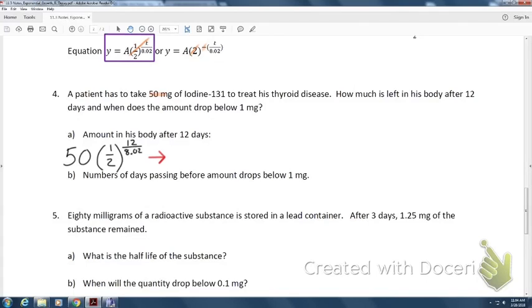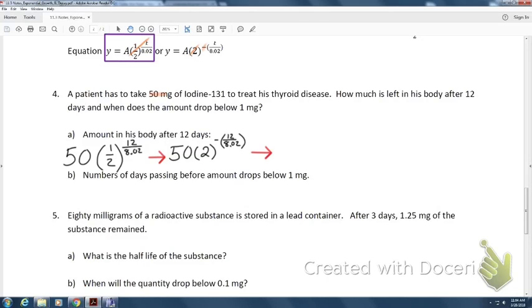I am going to go ahead and put it in the other form as well up here with 2 to the power of -1. Once you get that, go ahead and do B as well.